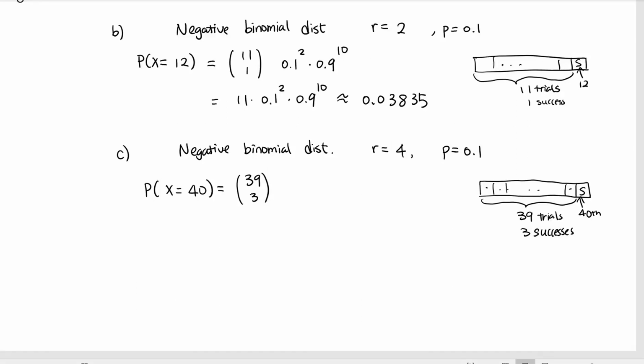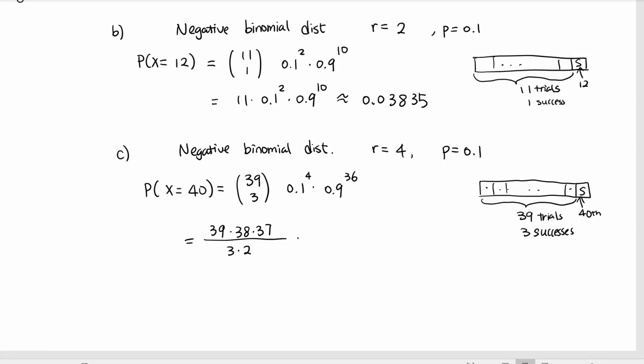What's the total number of successes? We have 4 successes, so 0.1 to the 4. What is the number of failures? The total number is 40 trials. We have 4 successes, so 36 failures. So 39 choose 3. That's 39, we count down, 38, 37 over 3, 2, 1.